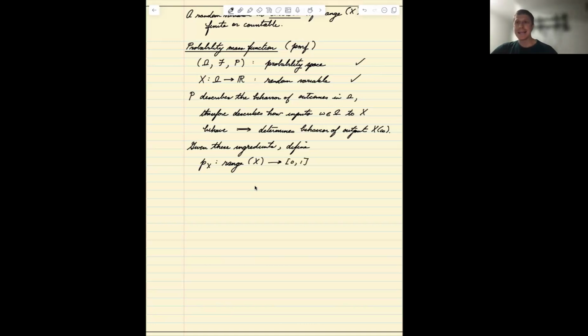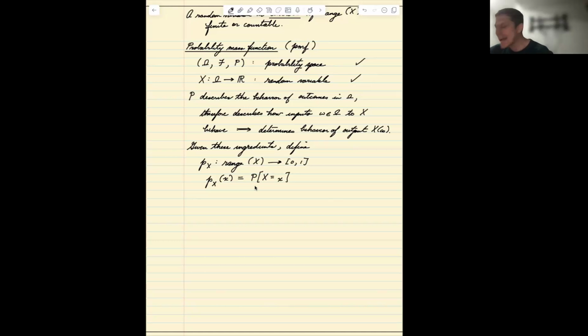The idea is that the P of X, I write it as P sub capital X, that's to index it by the random variable. And we define it in such a way so that P sub big X of little x is equal to the probability that the random variable assumes the value little x.